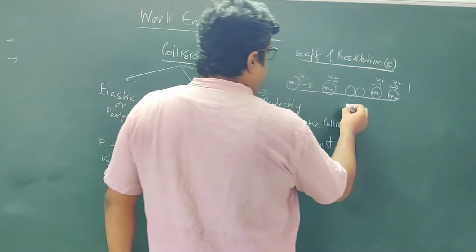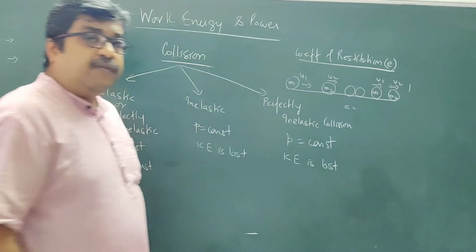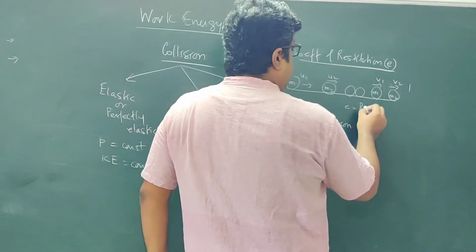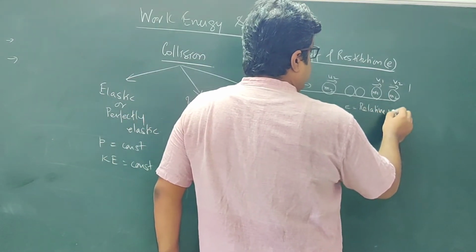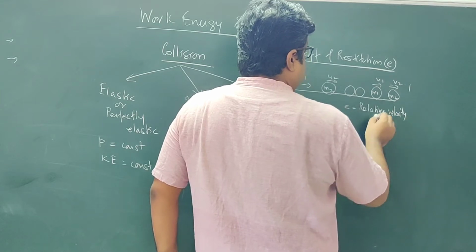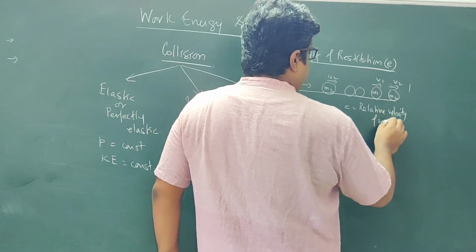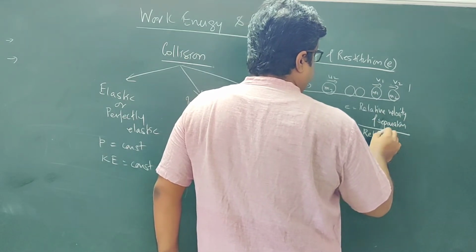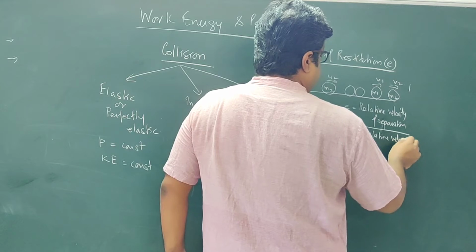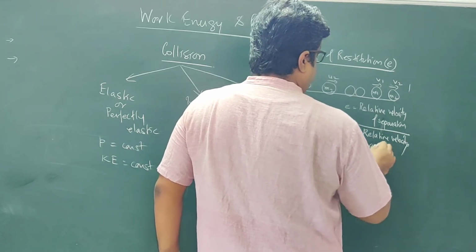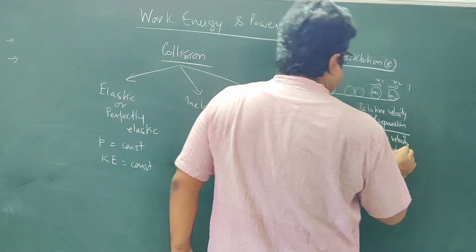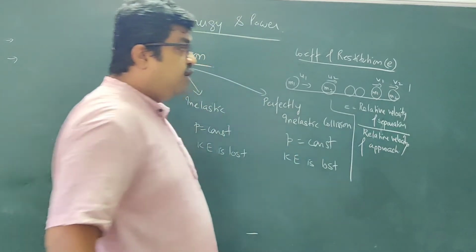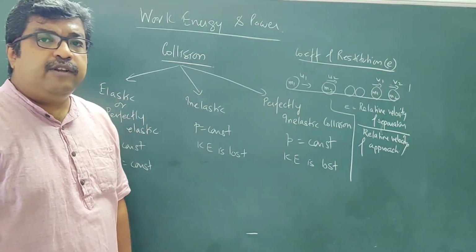Then this coefficient of restitution is the ratio of relative velocity of separation to relative velocity of approach.